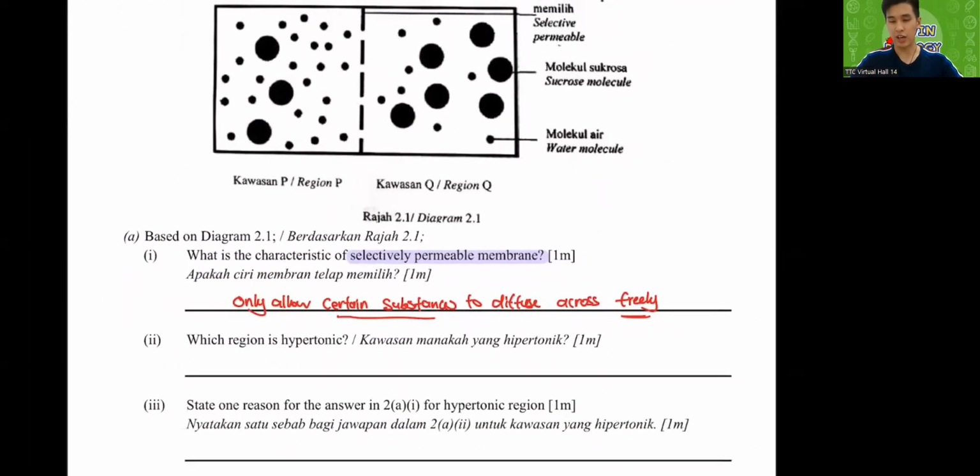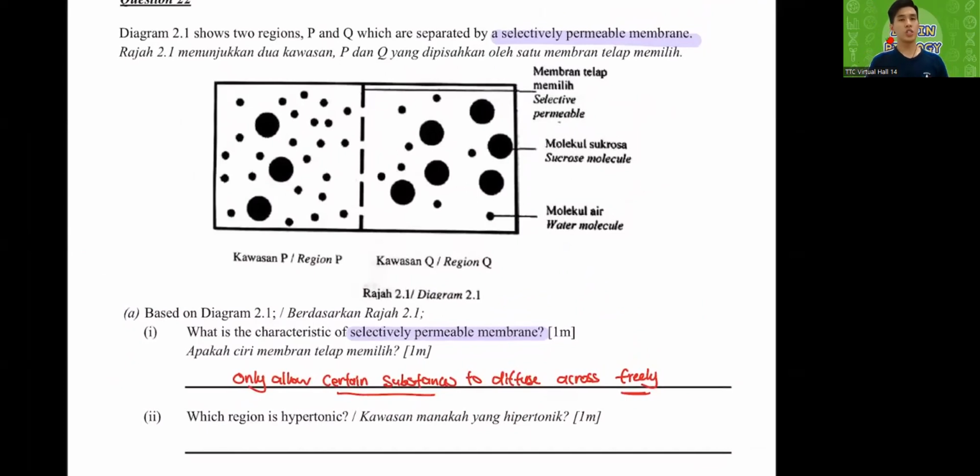Okay, the next one, easy, this one. Which is hypertonic? Who is hypertonic? Hyper means got more what, less what.